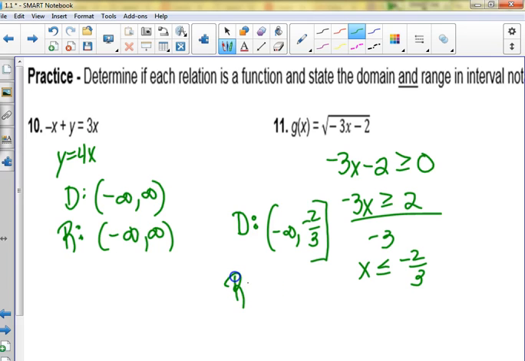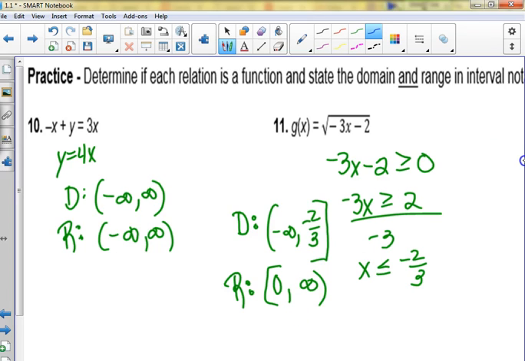Anybody know what's going to come out without graphing it? When you square root, what kind of number do you always get out? Positive or 0. You can't get a negative unless there's i's in there, and then it's not in the real number system. So the range would be 0 to infinity.